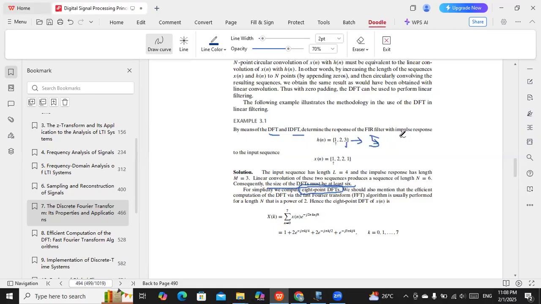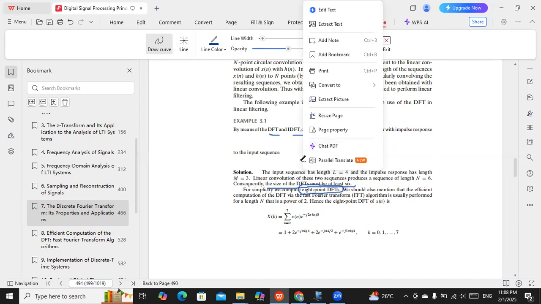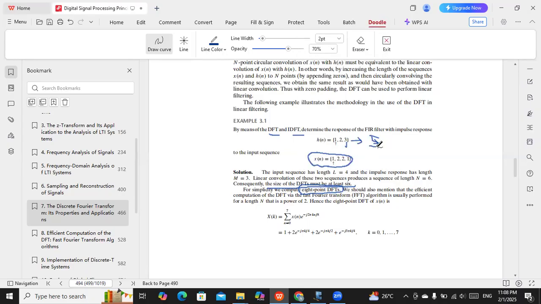So you can find X0, X1 up to X7. And here we also find the 8-point DFT of x(n). Then you can multiply them together.